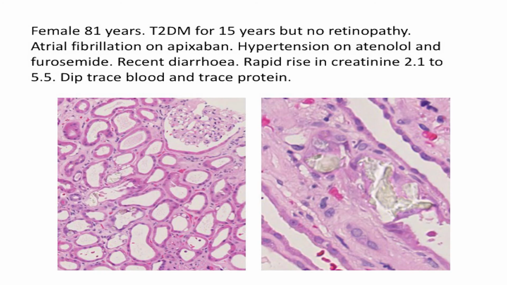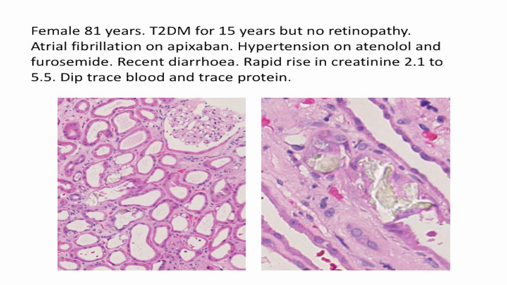And here we see a case that I reported a couple of weeks ago, which is absolutely classic for the history. I could almost have made the diagnosis based on the history. An elderly lady, long history of type 2 diabetes, but no retinopathy, hypertensive, atrial fibrillation, recent episode of diarrhea, followed by a rapid rise in the creatinine.